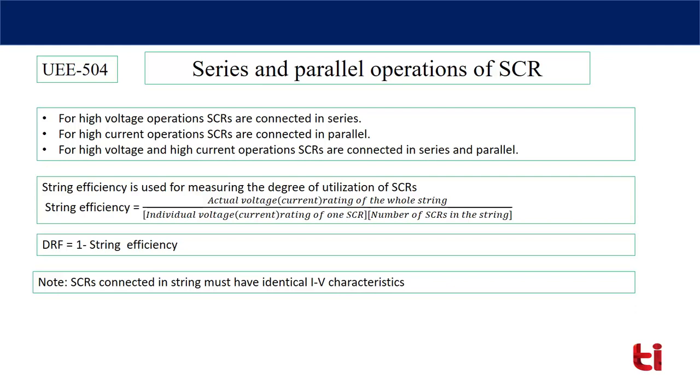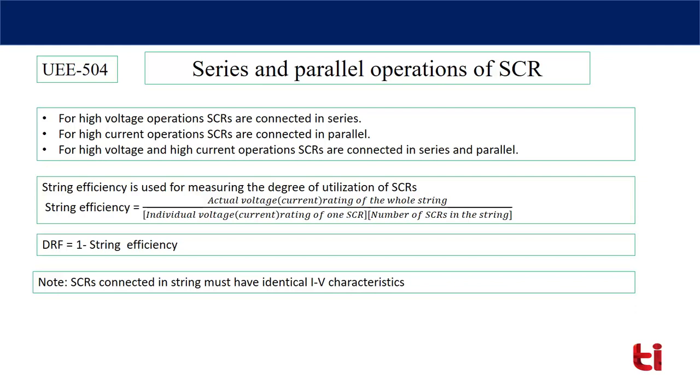In case of series connected SCRs, the actual voltage rating will be considered, and in parallel connected SCRs, the current rating will be considered. One more term is derating factor. It is equal to 1 minus string efficiency. It is directly related to the reliability of the system.